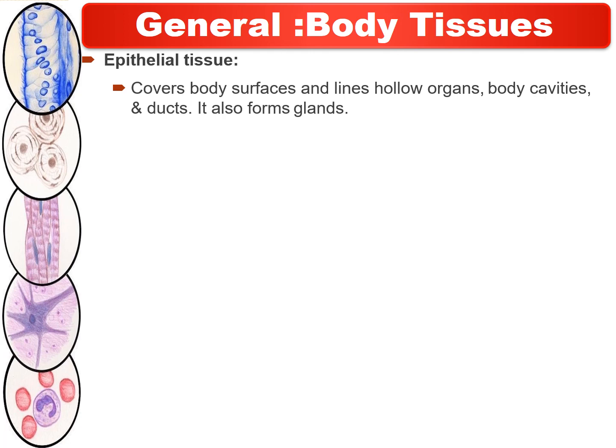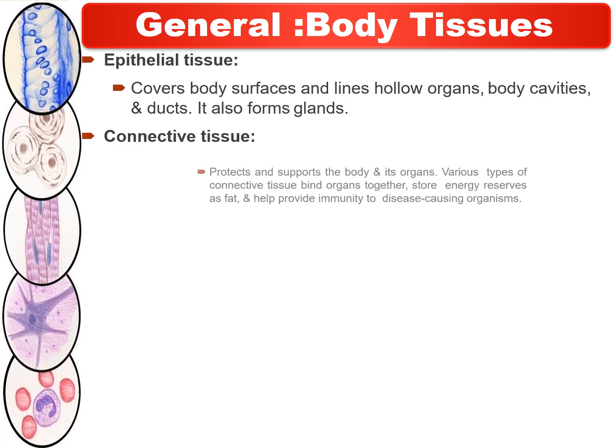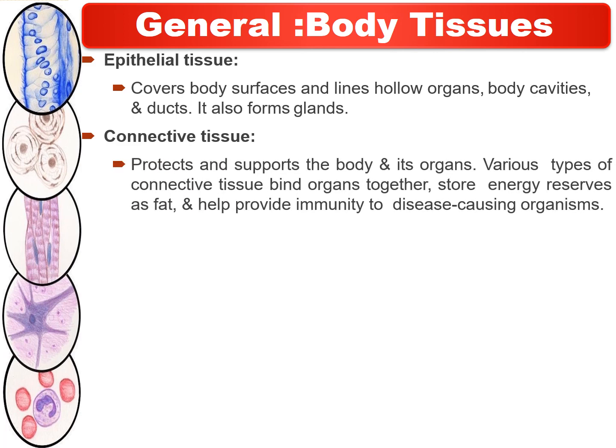And the second one is, what are connective tissues? Connective tissues protect and support the body and its organs. Various types of connective tissue bind organs together, store energy reserves as fat, and help to provide immunity to disease-causing organisms.